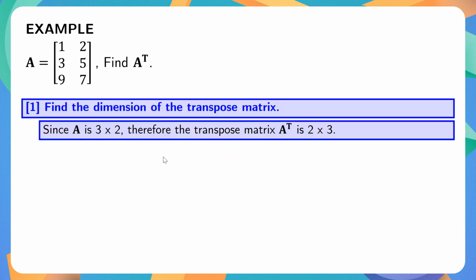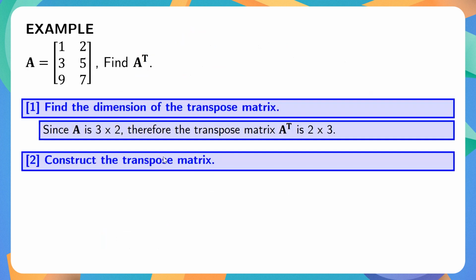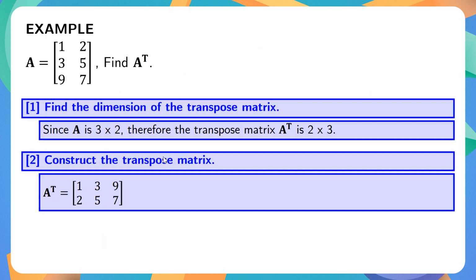Given that A is a 3 by 2 matrix, the transpose matrix would be 2 by 3 in dimension. And in constructing the transpose matrix, you flip the row and column number of the original matrix, swapping them, which gives you the new row and column for the transpose matrix.